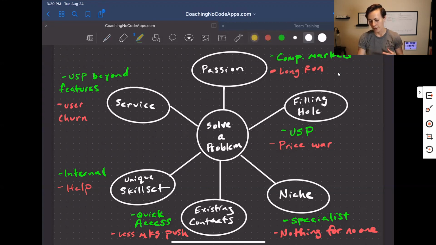Now, to bring this back, remember, if you aren't solving a problem with your app, that's where this all starts. If you don't have that one, then nothing can branch off from that. So make sure you have that first. But if you do have this in place, then I want you to think about the passion you're bringing to this. What else is in it for you besides the potential dollar signs?